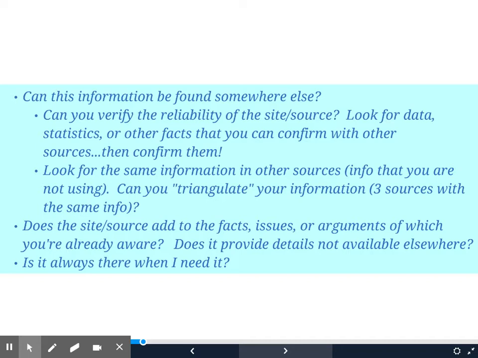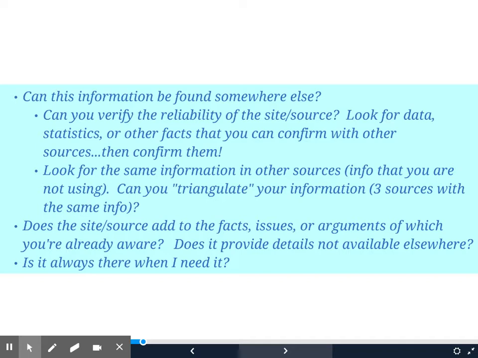Does the site or the source add to the facts, issues, or arguments of which you're already aware? Does it provide details not available elsewhere? Is it always there when you need it? There are a lot of times, especially during important years like election years, where fake websites will pop up that look authentic, but they're not.